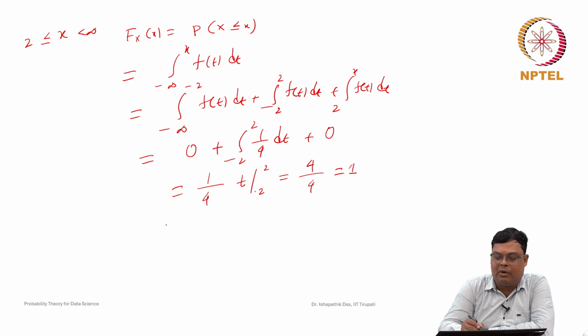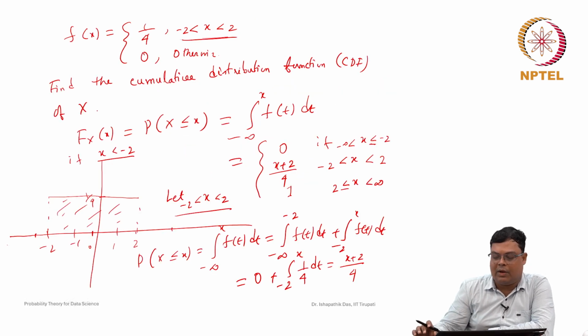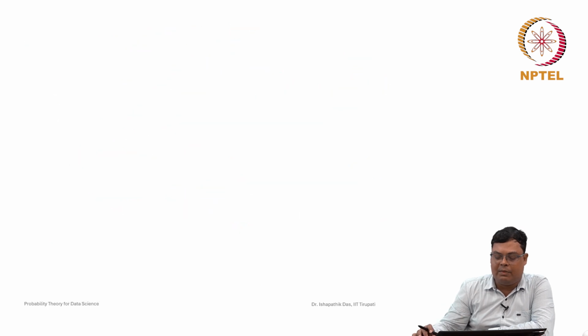So, this interval will be 1. So, that is what we are finding, and this will be your cumulative distribution function.